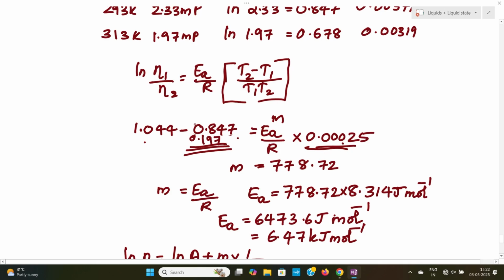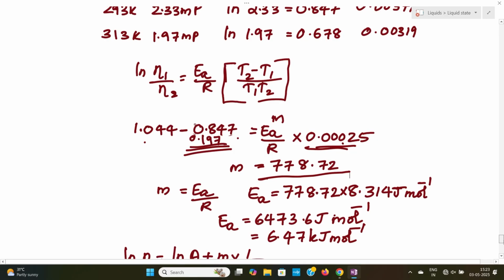Therefore, EA by R is equal to 0.197 divided by 0.00025. Therefore, we get the answer as 778.72. That is our slope.